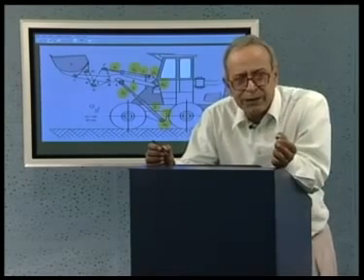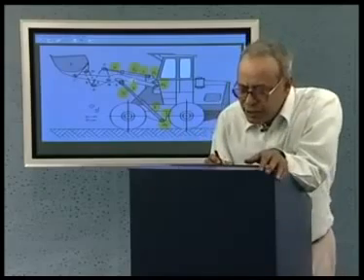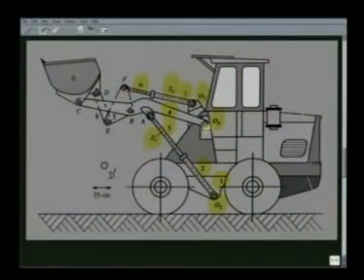All the first 3 examples that we considered had either binary or ternary links. Here, link number 4 is connected to 4 different links, namely to link 1 at O4, link 3 at A, link 5 at B, and link 9 at C. So link 4, which has 4 revolute pairs, becomes a quaternary link, and link 5 is a ternary link connected to link 8, link 4 and link 6, and link 9 is the front end of the loader, that is the bin.